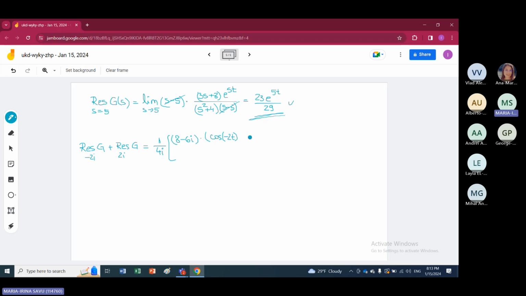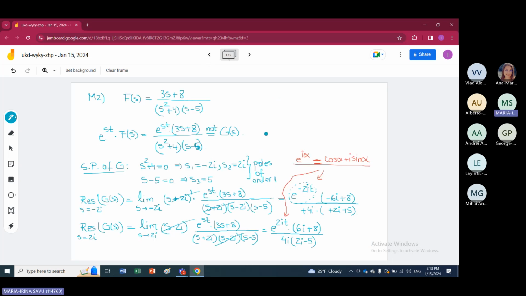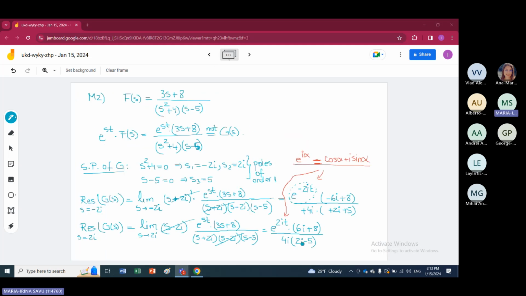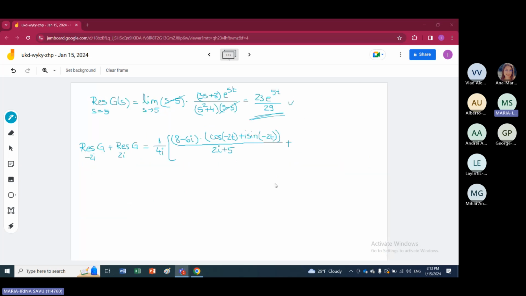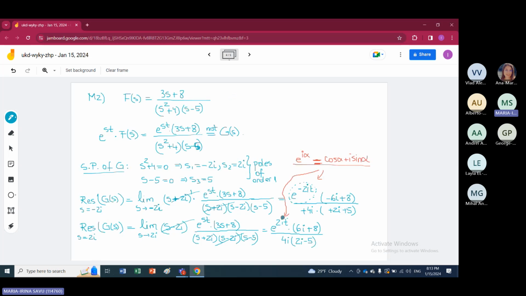Cosine of minus 2t plus i sine of minus 2t. Okay, this one over 2i plus 5. Plus, and here we have the sum and the difference of the denominator. 8 plus 6i times cosine of 2t this time because you don't have a minus here at the exponent. Okay? So here alpha is 2t.